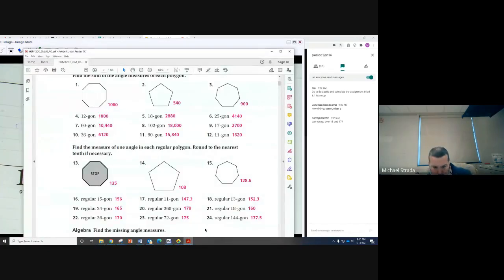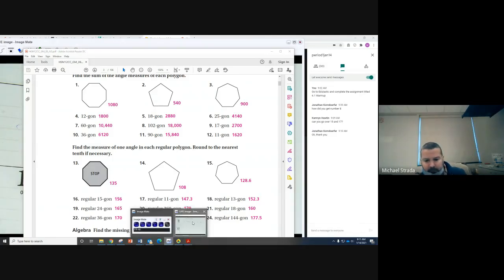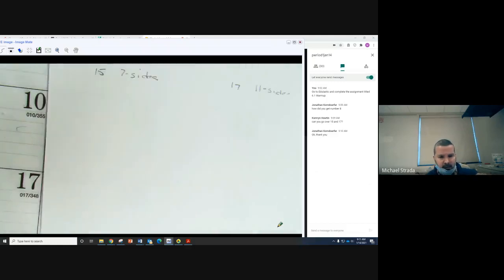15. All right. So let me jot it down first. 15 and 17. 15 is 1, 2, 3, 4, 7 sides. And 17 is 11 sides. So now it wants the individual angle measure.